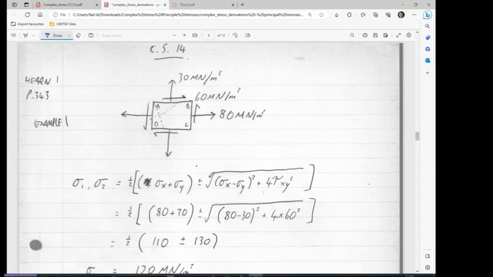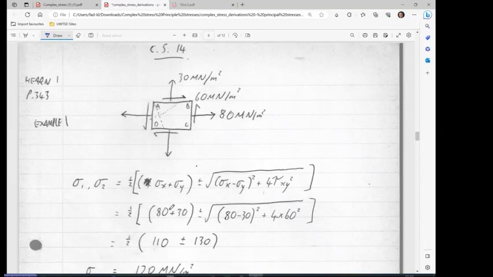We can then take the equation which we've derived today, and we can work out what those principal stresses are. The maximum principal stress, sigma 1, is when we take that term and add it to that term. The minimum principal stress is when we take that term and subtract that term. So the way we've drawn it, sigma x is 80. I've noticed all my stresses are in megapascals here, so my answer is going to be in megapascals. Sigma x is 80, sigma y is 30.